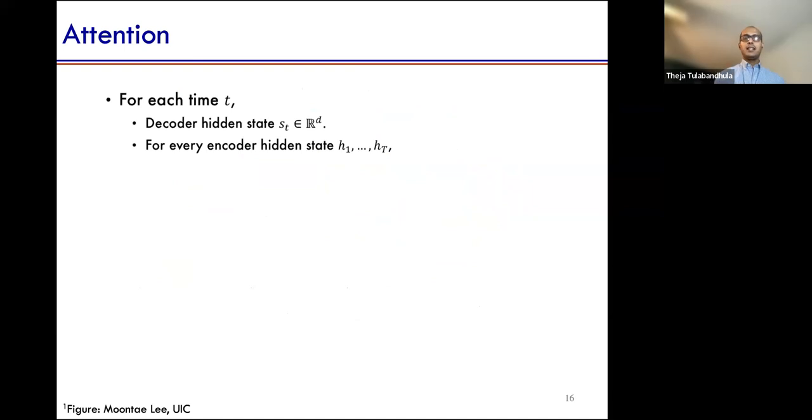Whatever we saw diagrammatically is going on here: the new thing is only on the decoding side. At every step of the decoding, you get the decoder hidden state.